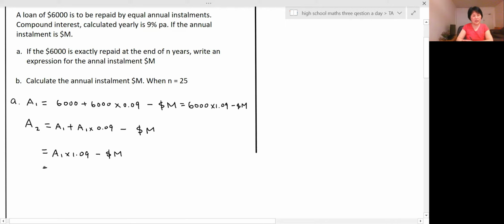Okay, then equal to A1. A1 is this one, A1. Okay, I'm using the A1 to replace it here. See the 6,000 times 1.09 minus this A1 times the 1.09.